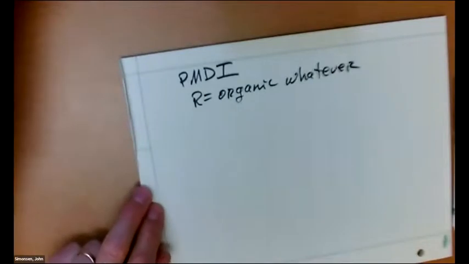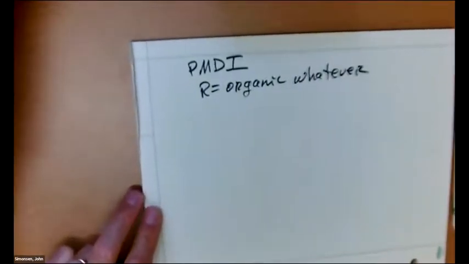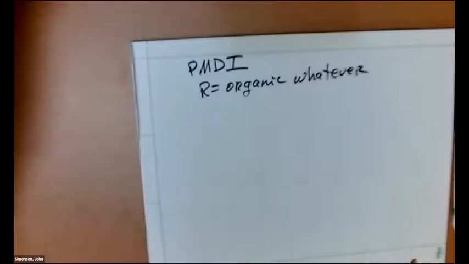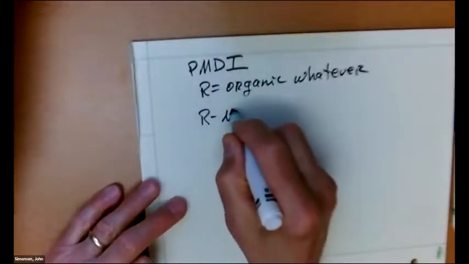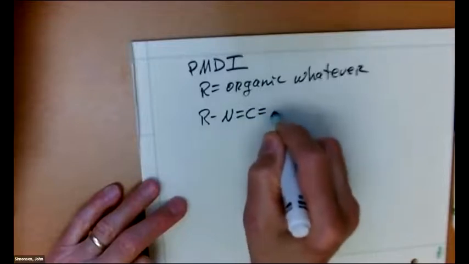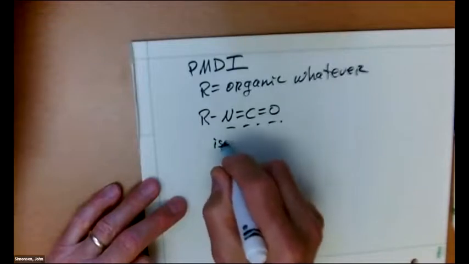So it's chemistry notation again, commonly used in chemistry. You just use an R to substitute for drawing a bunch of other stuff. So we draw R, N double bond C, double bond O, and this group is called isocyanate.